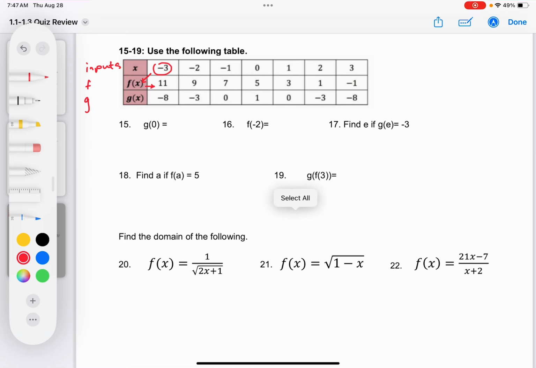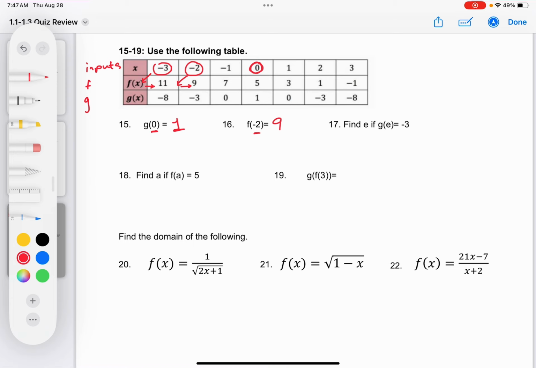It asks us to find what do you get when you put 0 into function g. So I would go over to 0 on my inputs, go down to row G, and I get out a 1. Same thing for this next one. It's asking what do I get when I put a -2 into function f, and I get out 9.